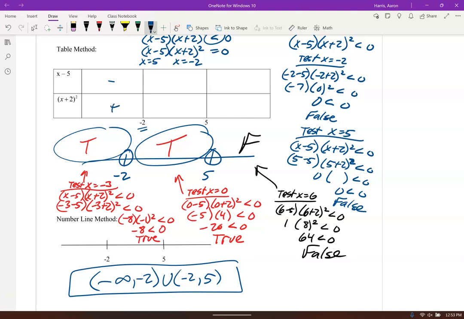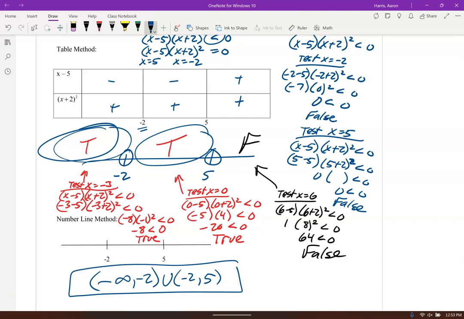Negative times a positive is a negative, less than 0, and that's true, right? And similarly for the rest of that, you plug in 0: 0 minus 5 is negative, 0 plus 2 squared is positive, a negative times a positive is a negative, less than 0. Yes, it is. And finally, the last one is a positive number less than 0, and no.